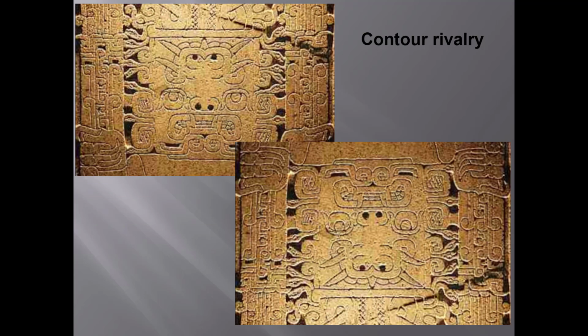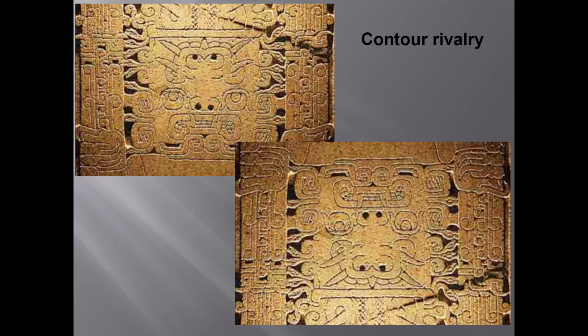One way that form sometimes reinforces this message of transformation so central to shamanism is a technique called contour rivalry. An image may be viewed as depicting one figure when viewed in a certain way, but if the image is flipped or turned, the same lines that formed the previous image now make up an entirely new design or figure.